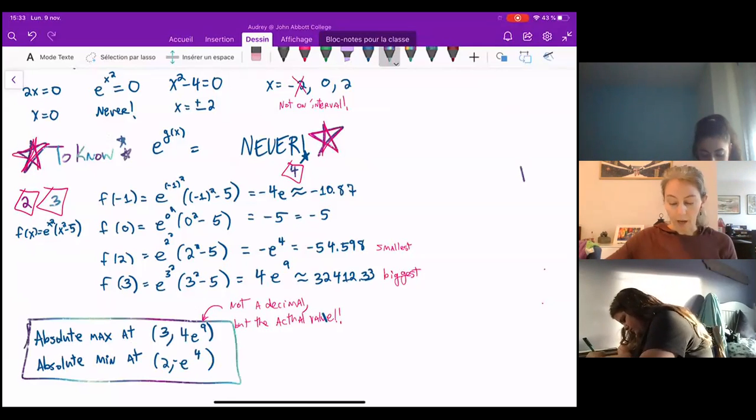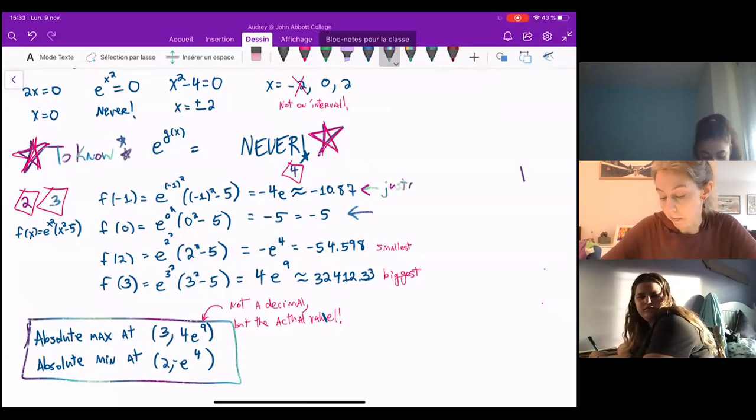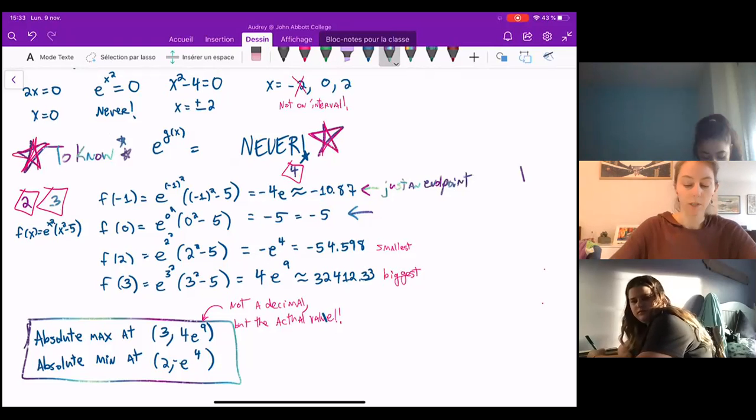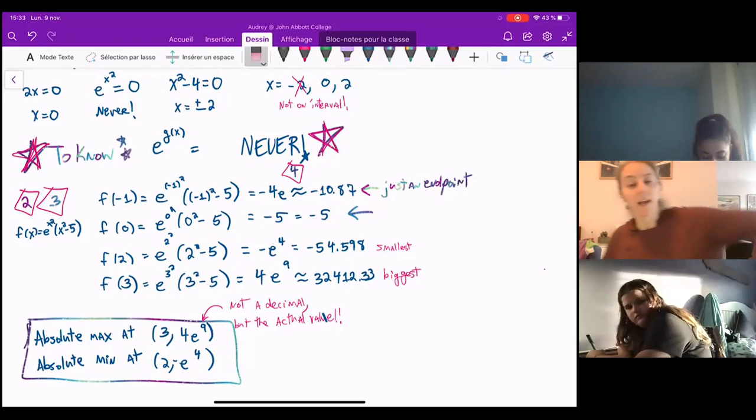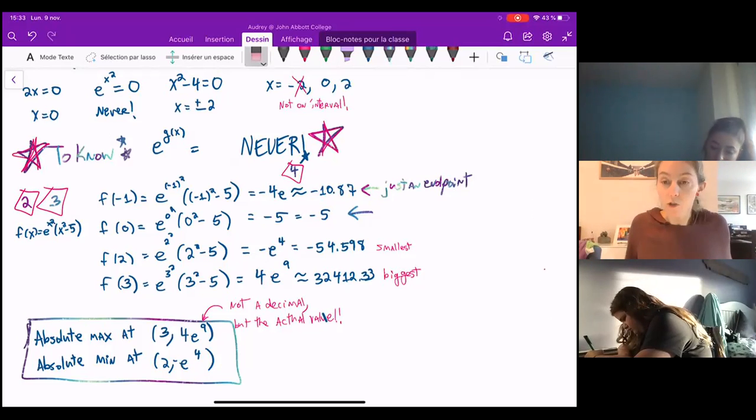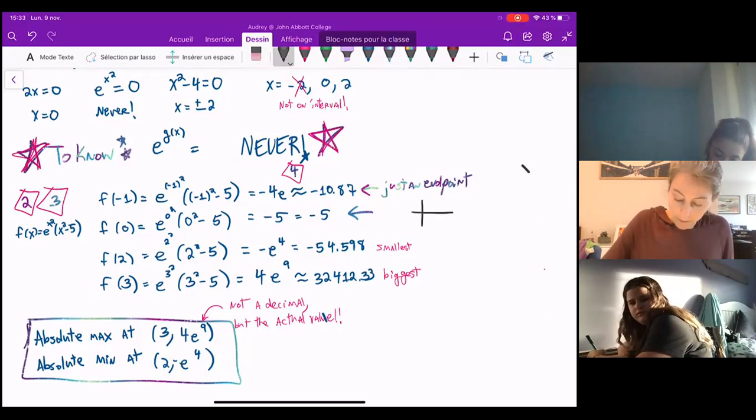Now, Gwen said, does that mean these are mins? And the answer is that this one is. -1 is therefore just an endpoint. It wasn't a critical value. It's not anything important. It's just an endpoint. And as for this -5 right here, the 0, -5, I actually don't know. I could have a min there like this.